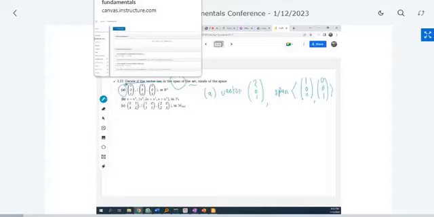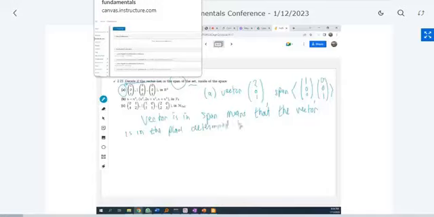Now, what does it mean for a vector to be in the span? What we're getting here is that this span determines a plane. We saw how 2 vectors determine a plane. So this vector is in the span means that the vector is in the plane determined by these two vectors.